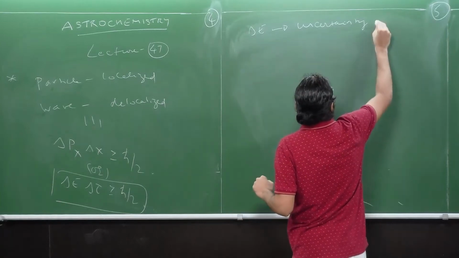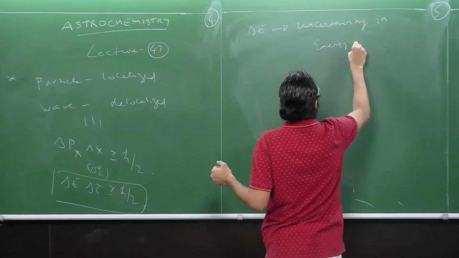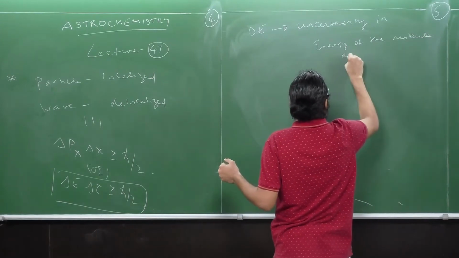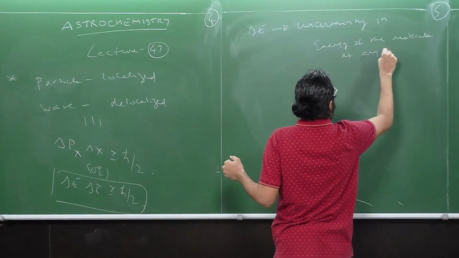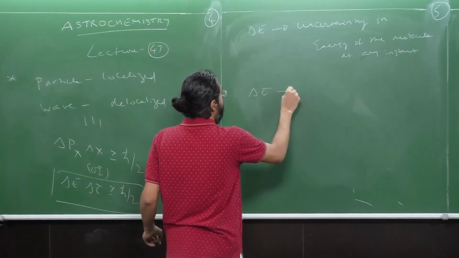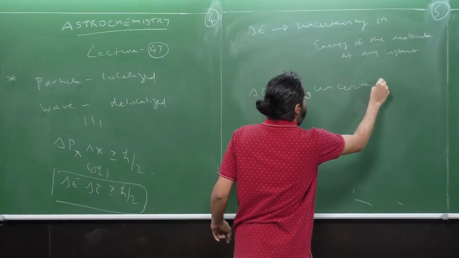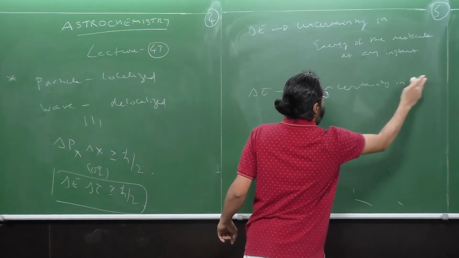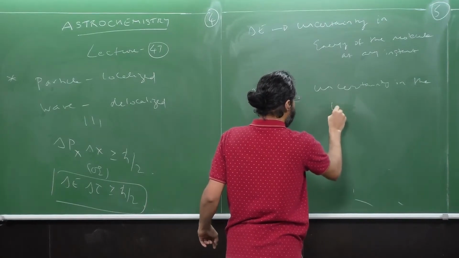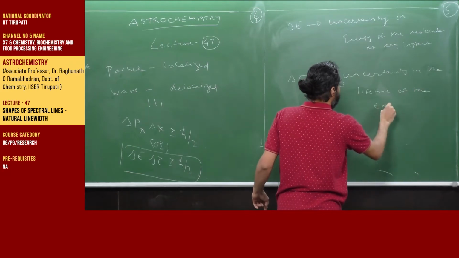So delta E is the uncertainty in, let's say, the energy of the molecule at any instant, and your delta tau is going to be the uncertainty in the lifetime of the excited state.